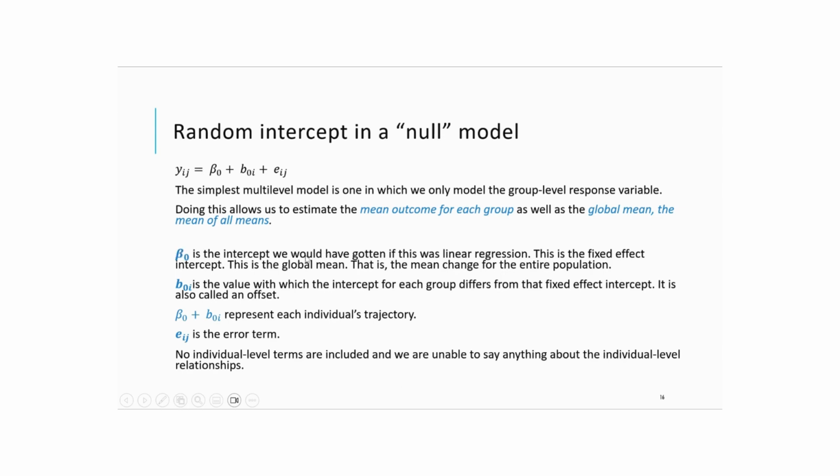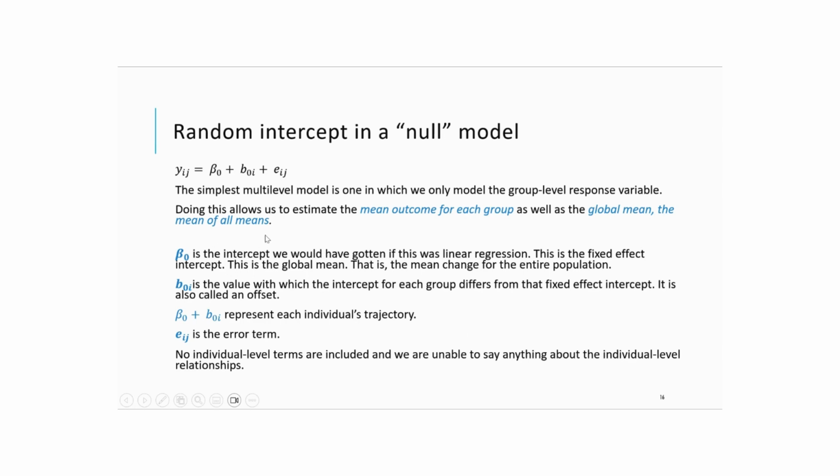B naught is the intercept we would have gotten if this was a linear regression. So if we did not account for clustering, this is called the fixed effect intercept. You're going to be hearing things like fixed effects, random effects, so let's get used to this. And this is the global mean. So across every observation in that sample in the population, this is the average we get. That is your B naught.